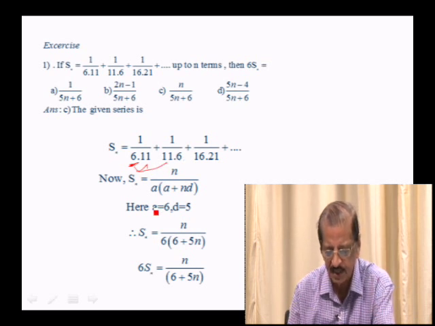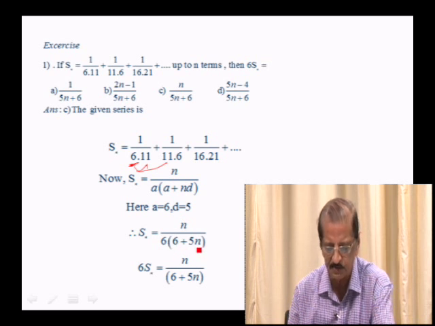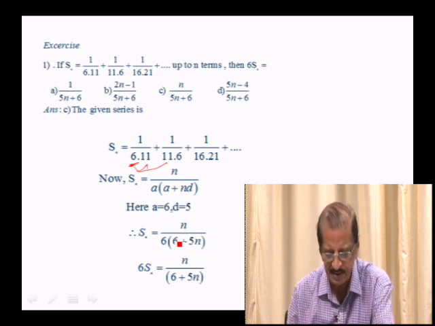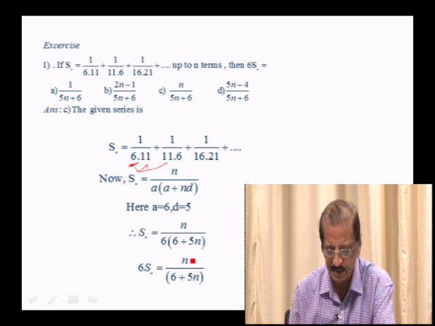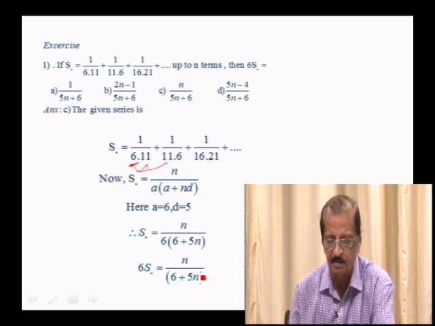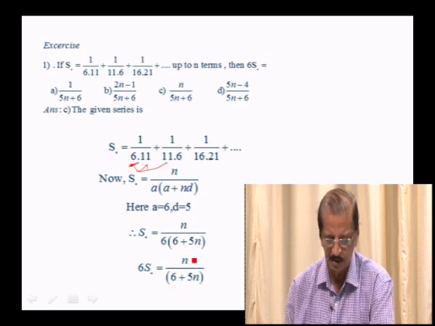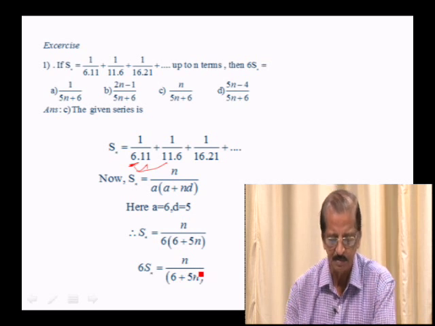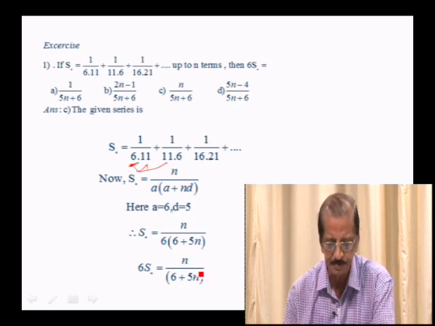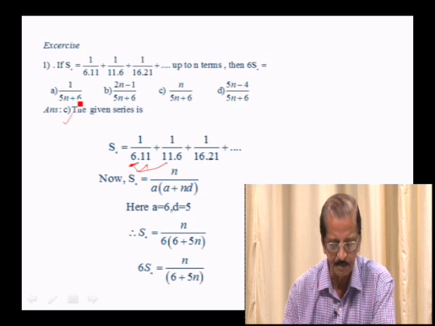So a is 6 and d is 5. So I can write Sn is equal to n over 6 into 6 plus 5n. I want 6Sn, so cross multiply: 6Sn is n over 6 plus 5n. So the answer is n over 6 plus 5n. Answer C.